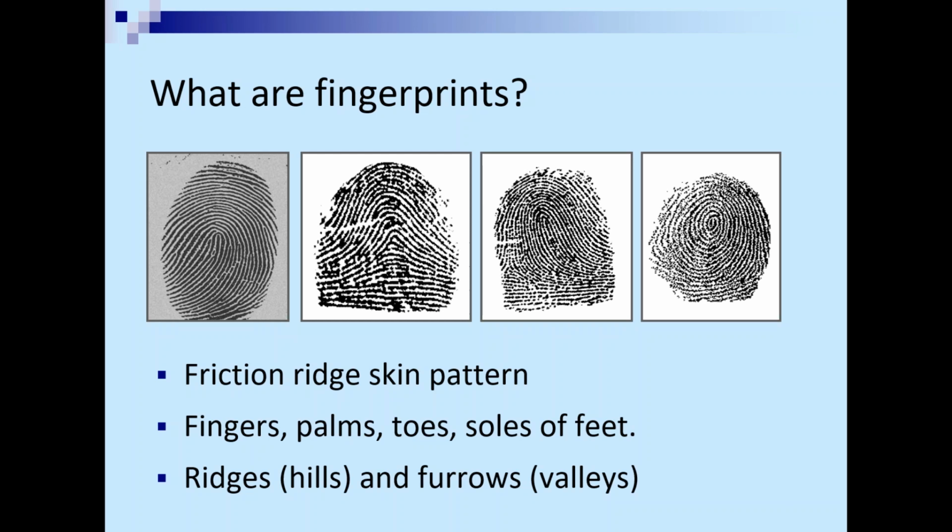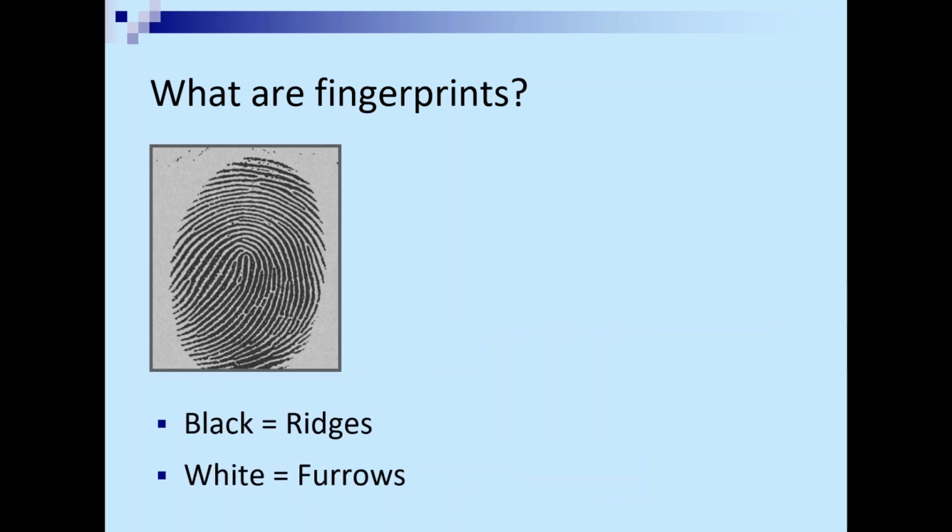When we look at a fingerprint, like an inked fingerprint, so I take my finger, I press it on an ink pad, and then press it on a white piece of paper, and it looks something like what's showing there on the screen. It's important to understand that the raised area of the fingerprint, or the ridges, are what makes contact with the ink pad, and the ridges are the black lines in the fingerprint pattern.